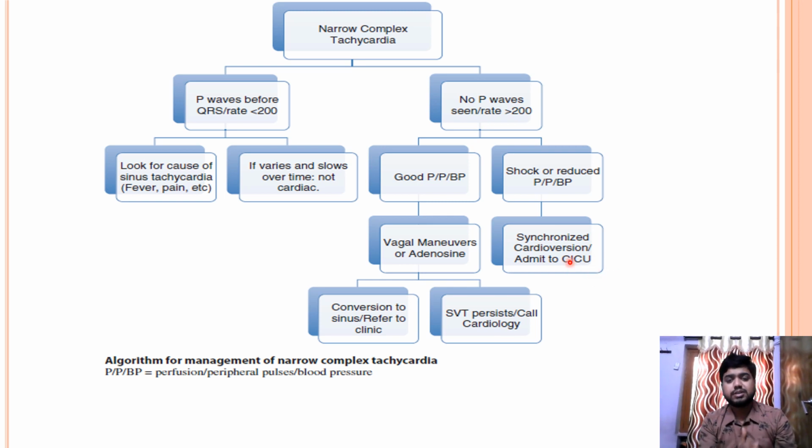We are not discussing in detail here how you give synchronized cardioversion, but we will discuss that in future sessions. The basic gist is, hemodynamically unstable needs synchronized cardioversion in SVT. Hemodynamically stable, straight away go for vagal maneuvers, or you can try giving adenosine. If it converts to sinus, straight away refer. If it still persists, call for cardiologist help, because he needs further pharmacological intervention, or you may go again for cardioversion.